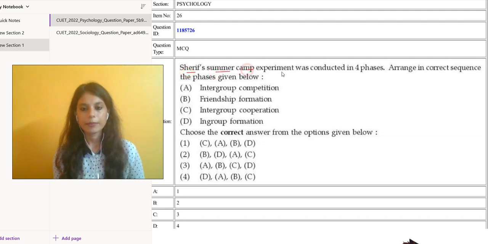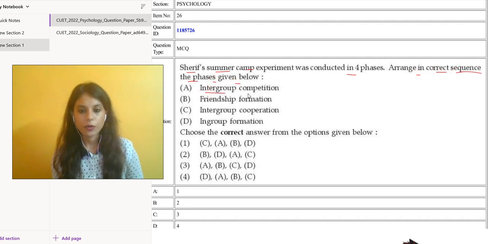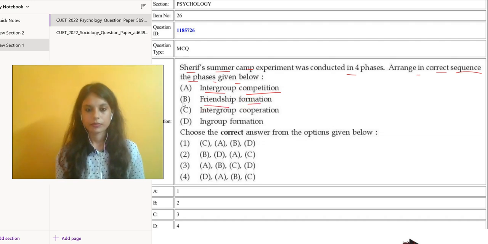Sherif's summer camp experiment was conducted in 4 phases. Arrange in correct sequence the phases given below: intergroup competition, friendship formation, intergroup cooperation, in-group formation.